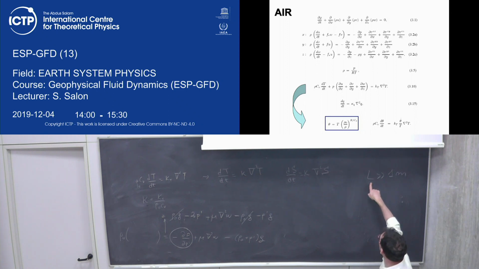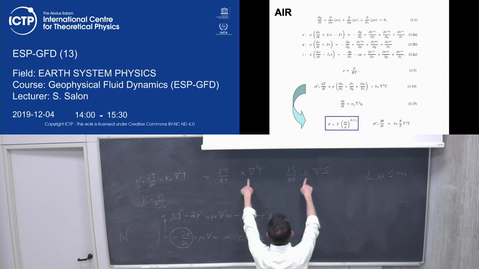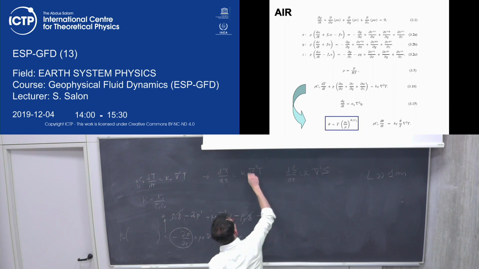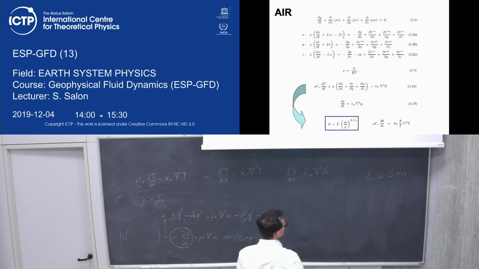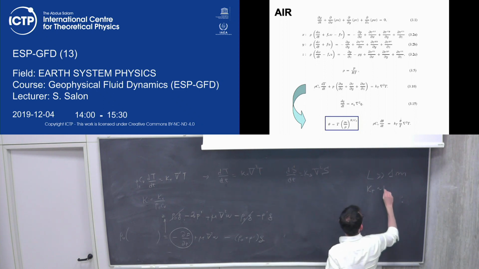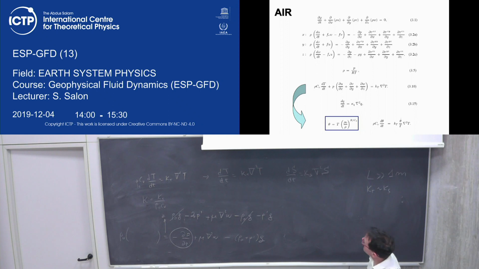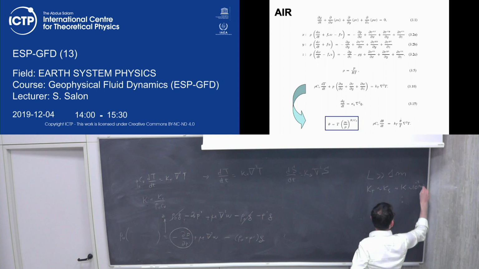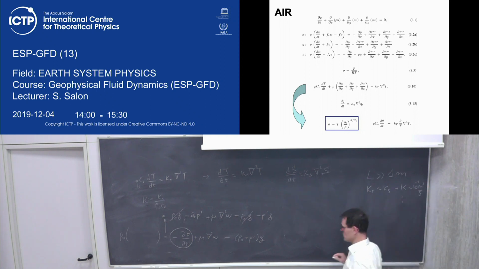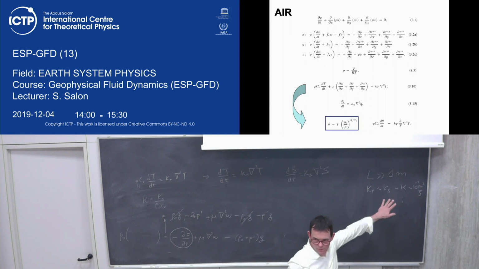So over this large scale, we can safely consider that the diffusivity related to temperature and the one related to salinity are of the same order of magnitude. And we usually write them simply as K, which is 10 to the minus 2 square meters per second. So don't be lost in this.